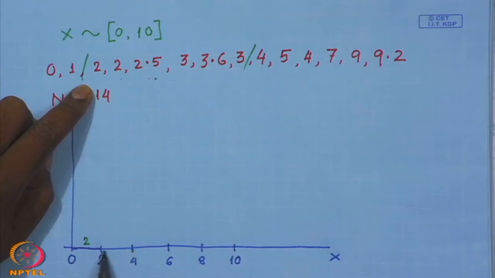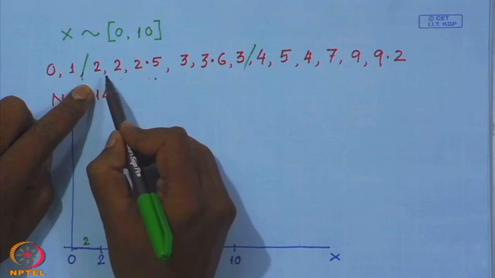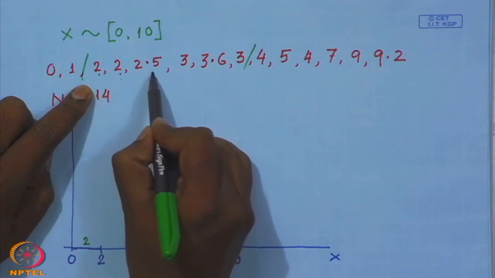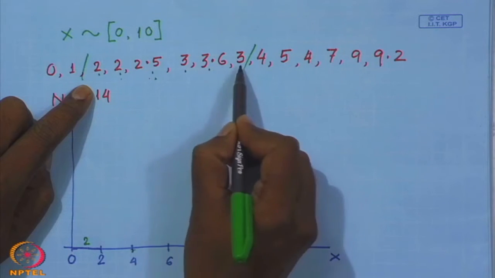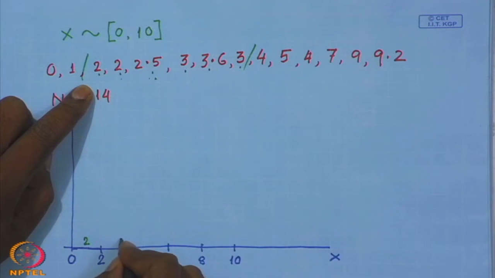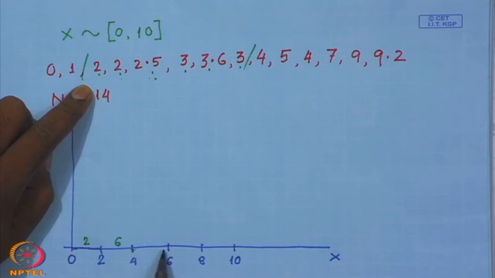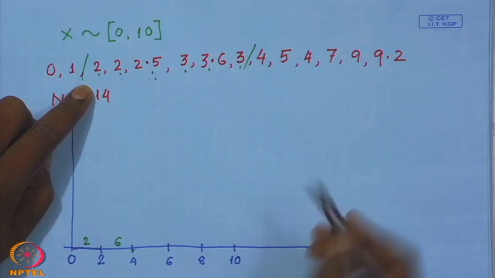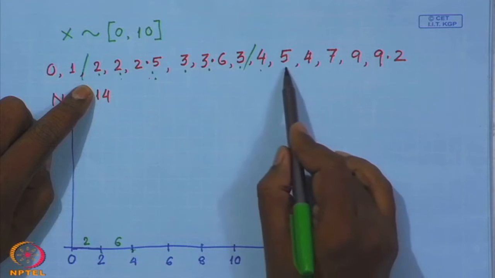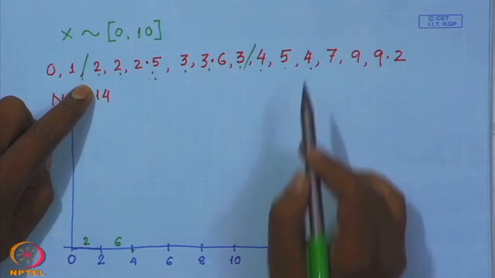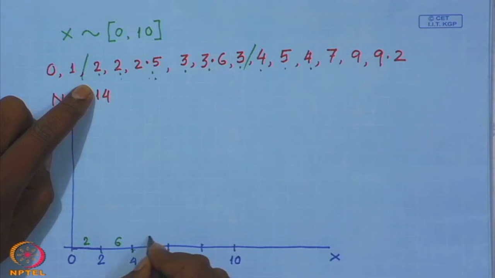So, the number of samples within this bin is 1, 2, 3, 4, 5 and 6. So, there are 6 samples falling within this bin. The next bin, having the bin boundaries 4 and 6, has samples 4, 5 and 4 again. So, there are 3 samples falling within this bin.